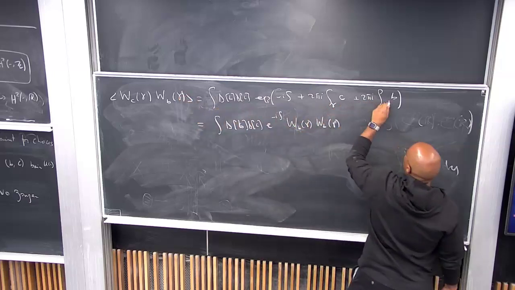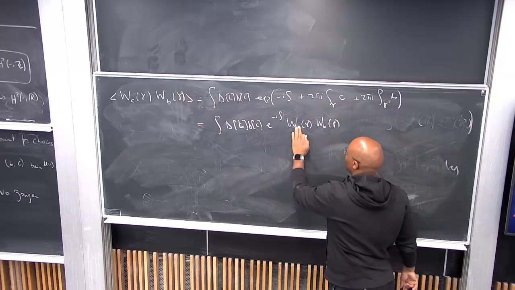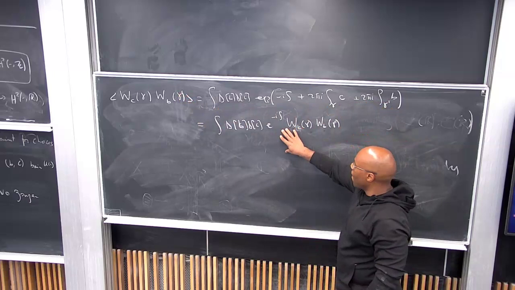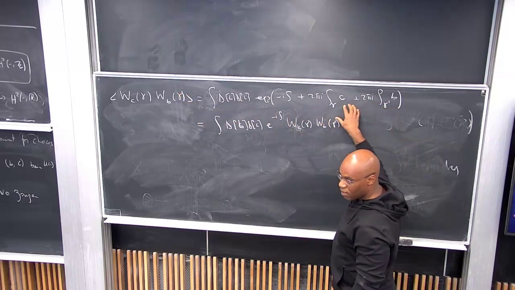Two different gammas. But as I said in the previous lecture, when I'm computing things in the path integral, the operators that I insert are C numbers. So I can freely add the things in the exponent.